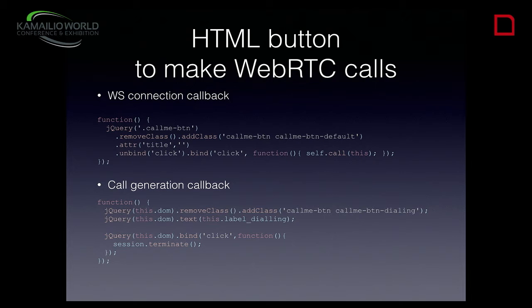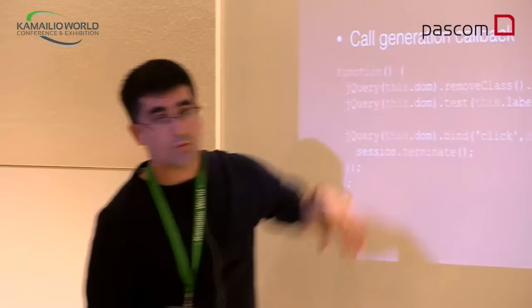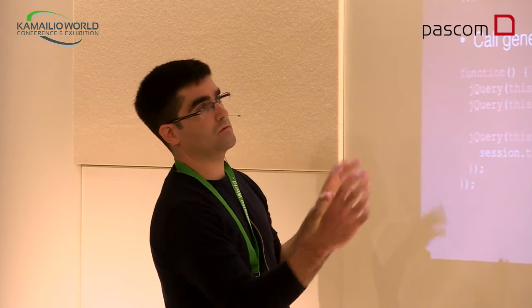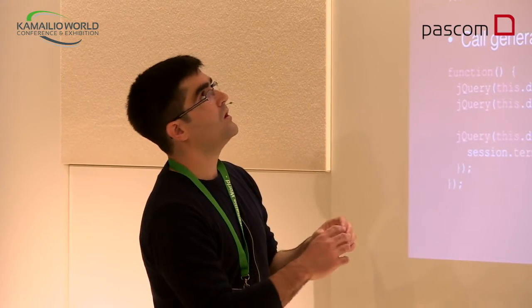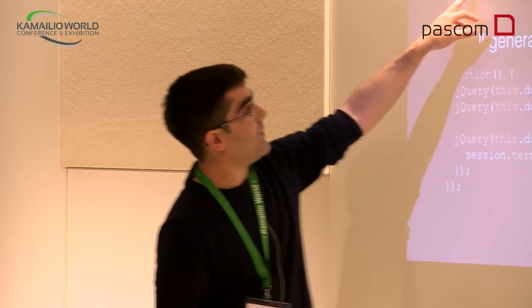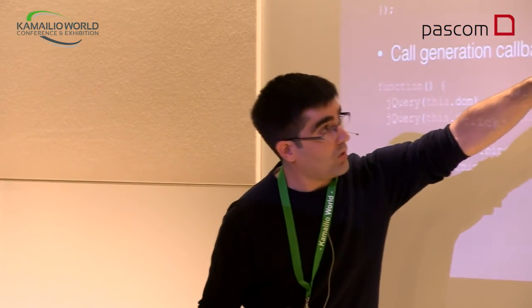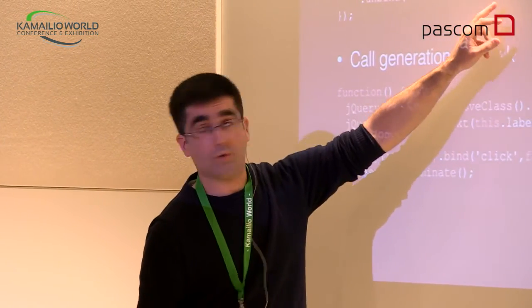So when the WebSocket is connected, we take all the buttons in the web page and we set them to ready. We add them the default CSS class, which makes them look blue, ready to call. And we bind the call function to the click event.